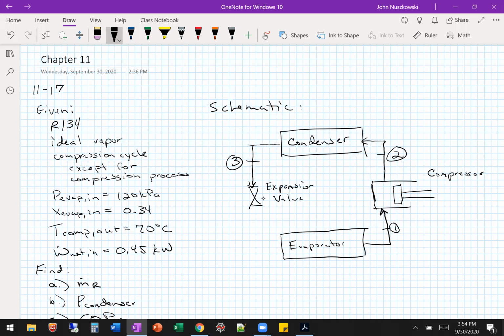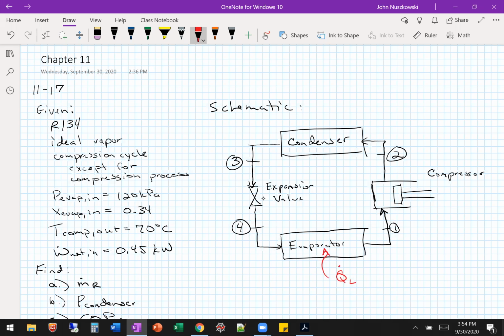We drop its pressure, which drops the temperature. And now we have a nice cold temperature where we can go through our evaporator, state 4. So we have heat coming in here.